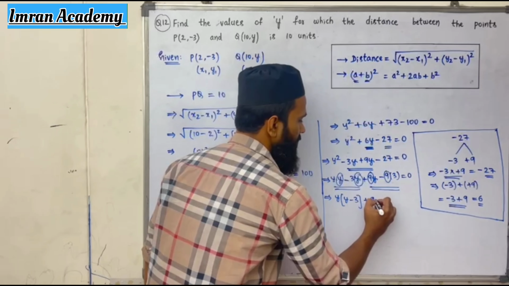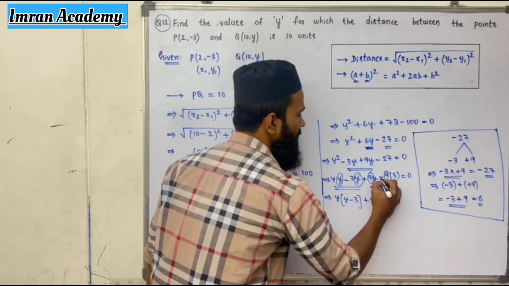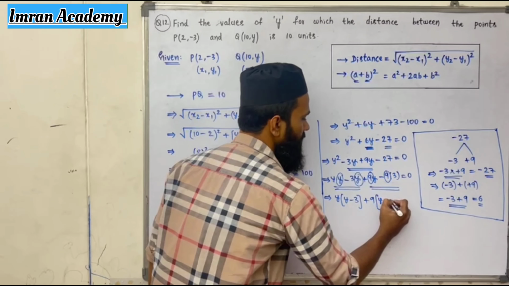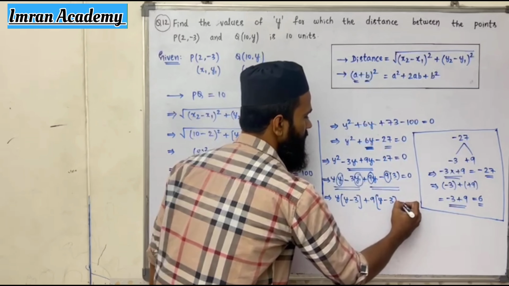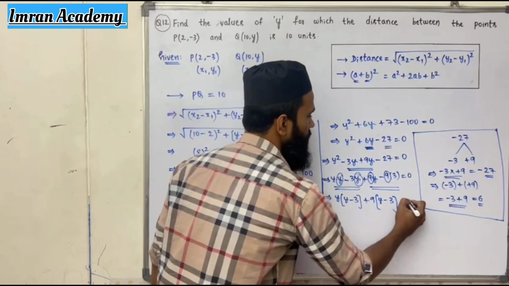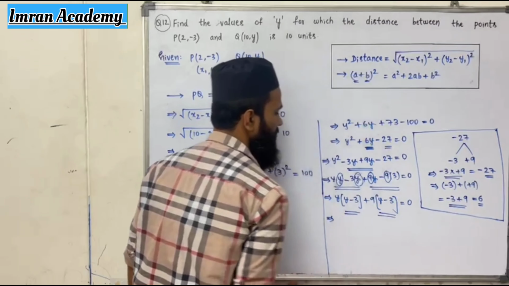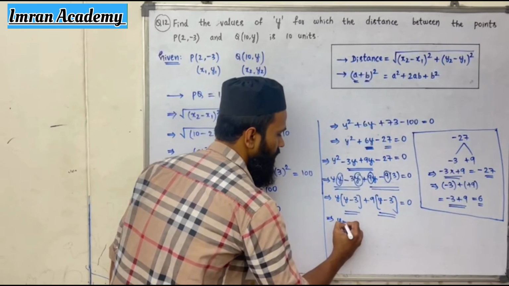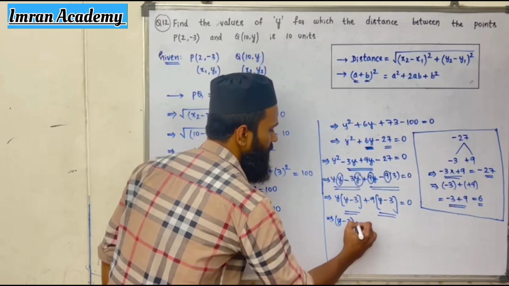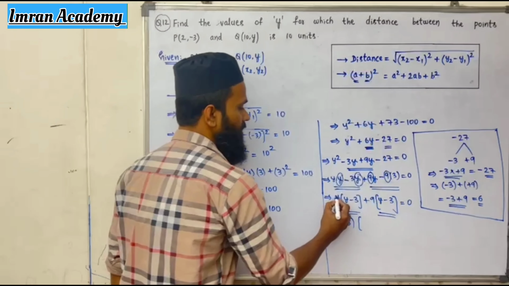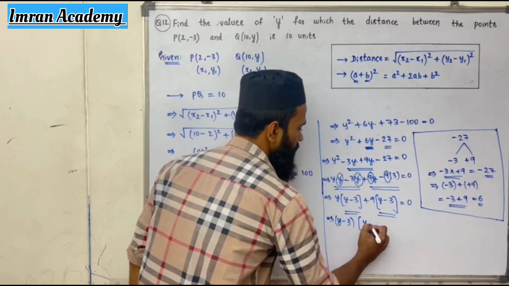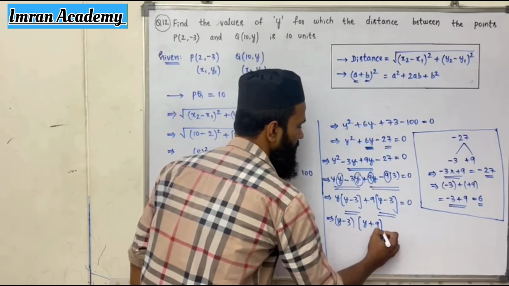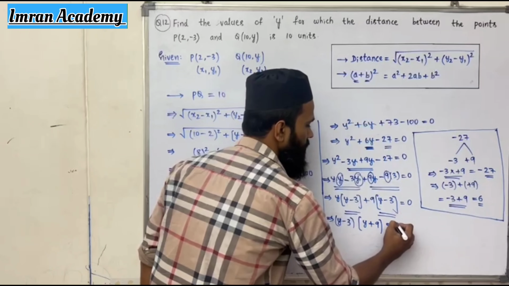We get 9 into (y minus 3) is equal to 0. That implies here (y minus 3) we take as common: (y minus 3) into the remaining, (y plus 9), is equal to 0.